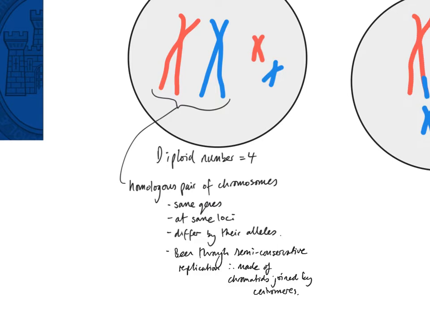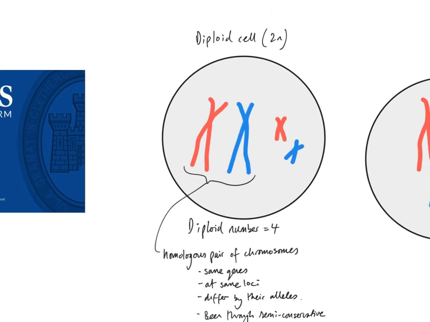Again, chromatids often get confused with chromosomes. So I'll just get my pointer, let's go back to this diagram. This red one here, this is our chromosome. It's gone through replication, therefore it's made of identical chromatids.